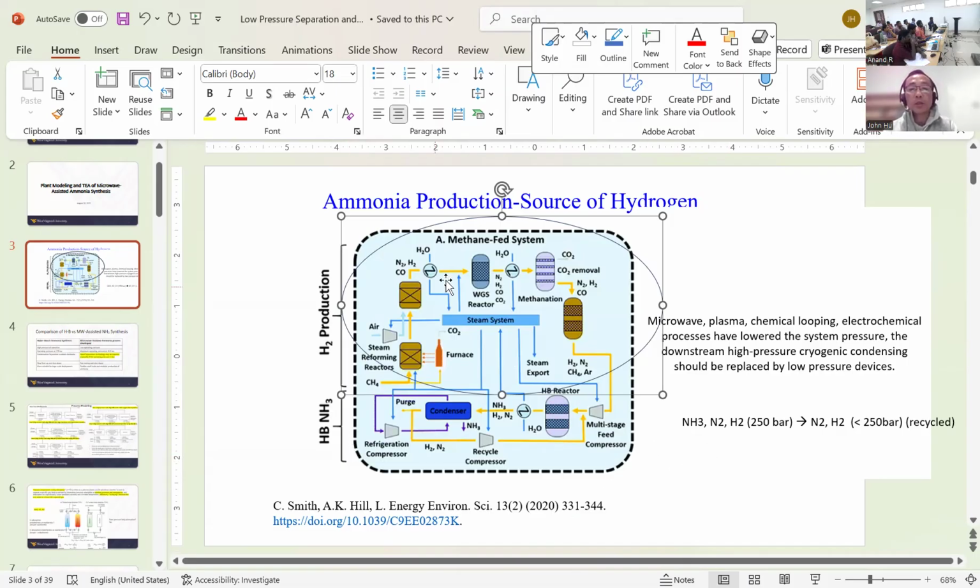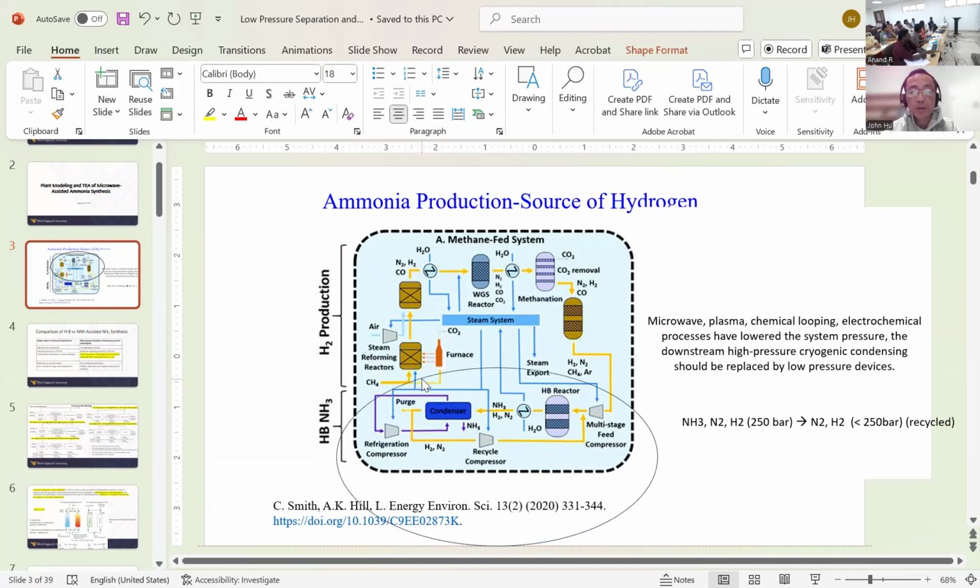The remaining part is ammonia production, with the new technologies we discussed in the last 2 weeks: low pressure microwave, plasma, electrochemical, and chemical looping. We discussed all kinds of low pressure ammonia synthesis, and all of this requires new separation technology.